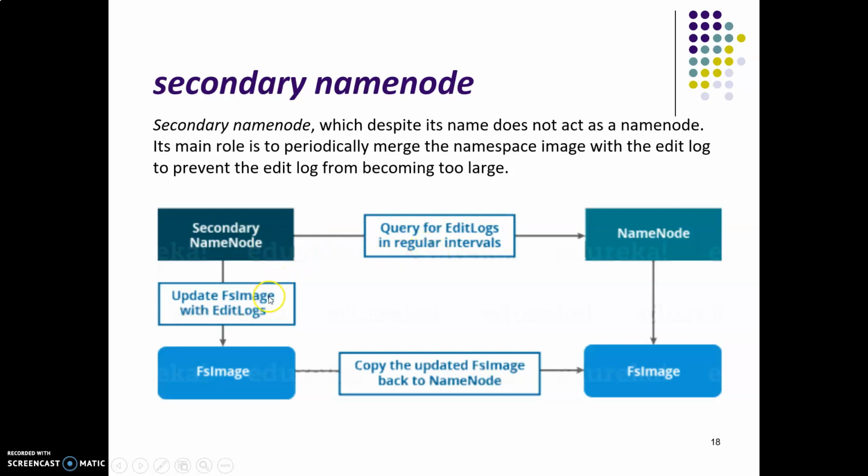Then, making use of the file system image with edit logs, he copies the updated file system image back to the name node, and updates the FSI, that is the file system image, inside the cluster by making use of the secondary name node. This is needed only when the cluster of data nodes is too big, and then we go for primary name nodes and secondary name nodes.